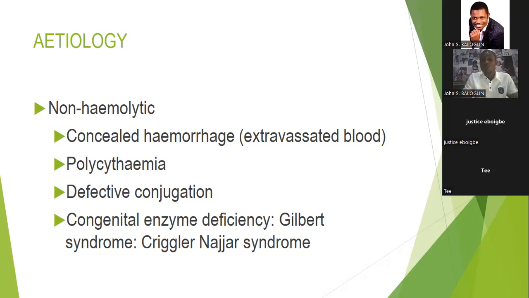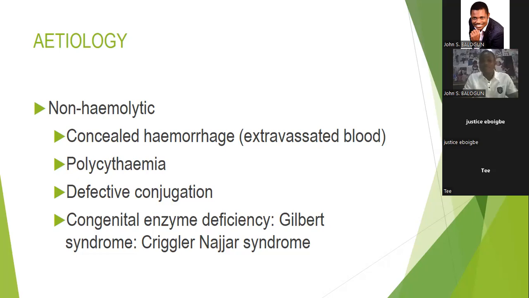So the bone marrow also can undergo hypercellularity, such that there will be hyperstimulation of erythropoiesis, with production of so many red blood cells, and by the time the baby is born, they have polycythemia. Now, when they have polycythemia, what happens? That alone can stimulate hemolysis, but it is not a hemolytic process, so it is non-hemolytic. And when that happens, it will still give rise to hyperbilirubinemia.